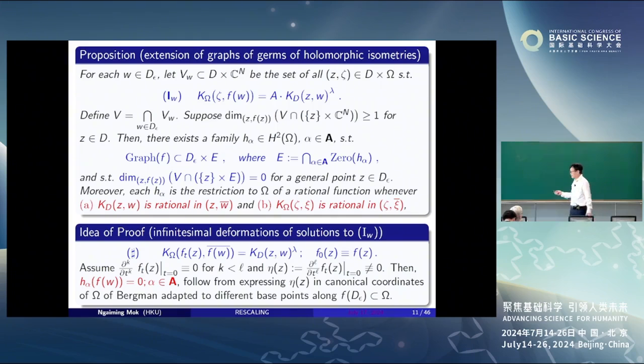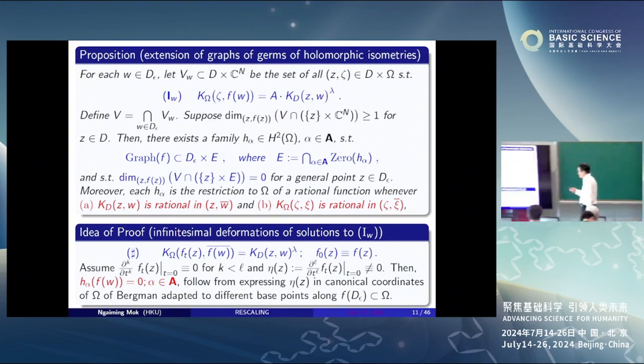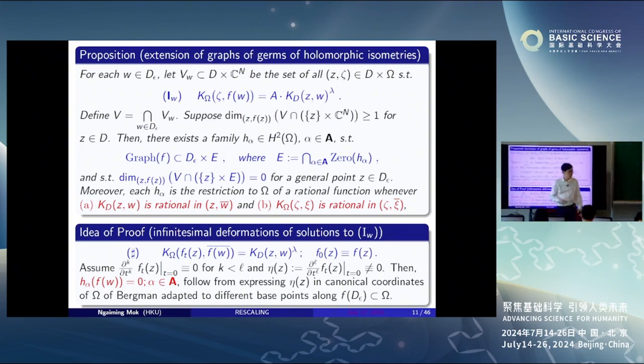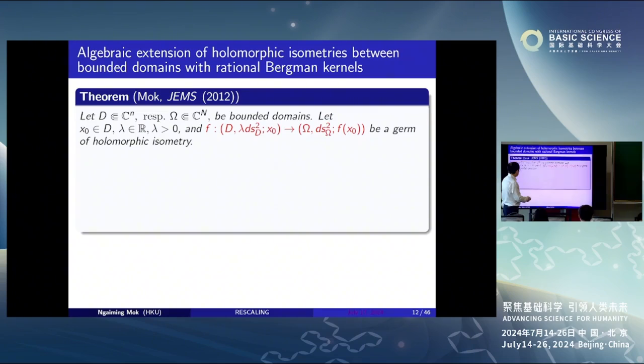Therefore, especially in the case of a bounded symmetric domain, you would end with the consequence that you can add an infinite number of equations, and then you would be able to get the solution. And since these are algebraic equations, what you get finally is that the graph is already algebraic.